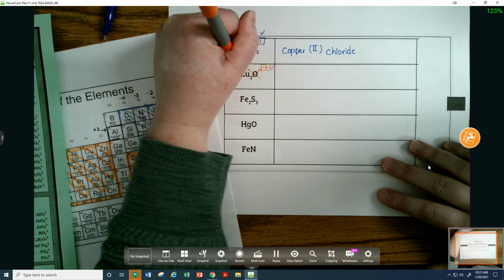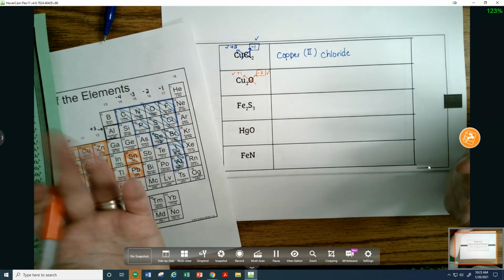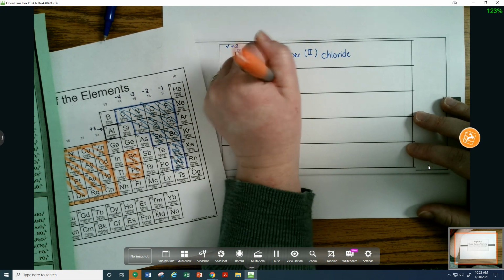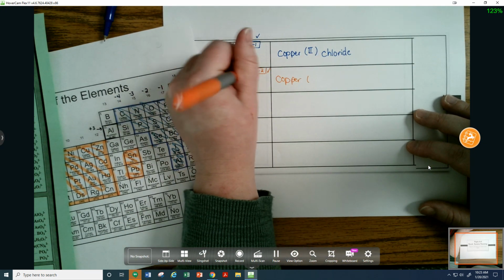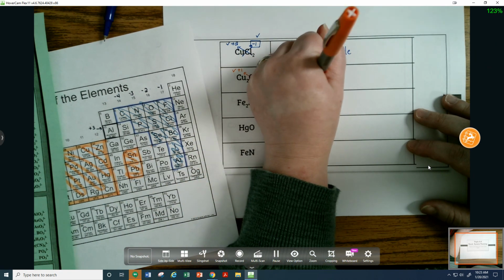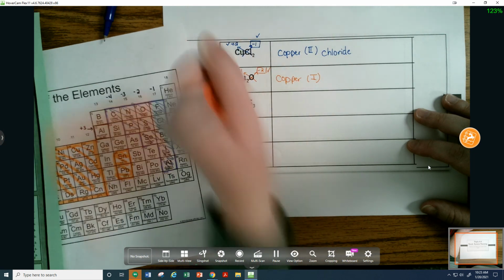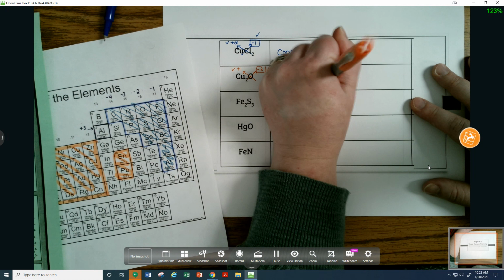That means this is correct. If your negative is matching up with what it should be, then you are ready to name it. So we still have copper, like the example above, but we have a different charge for that copper. It is a 1, so we're going to include a Roman numeral 1. And then we have oxygen, so we changed its ending. So we have copper 1 oxide.